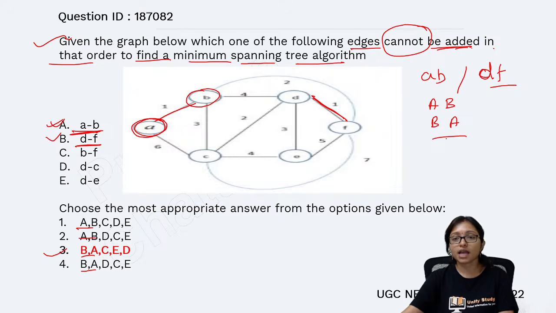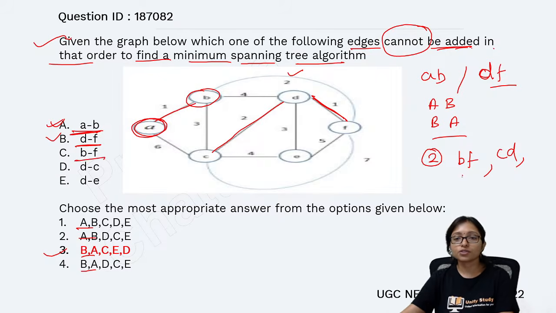Next, I will go for 2. What are the 2s? Here is 2, that is BF. BF is 2. Another 2 is there, that is CD. CD is also 2. Any other 2? No. So BF means option C and CD means option D, which means I can take C or D, any one of them. So you can see here there is CD, there is DC.